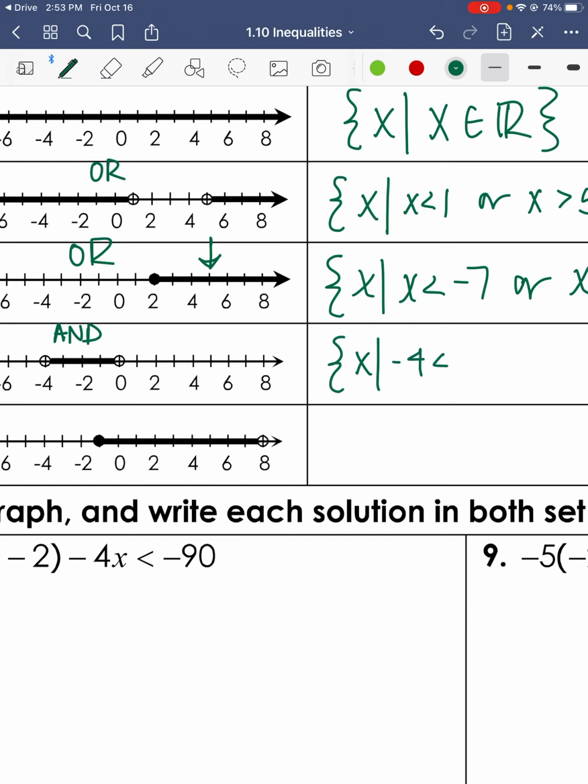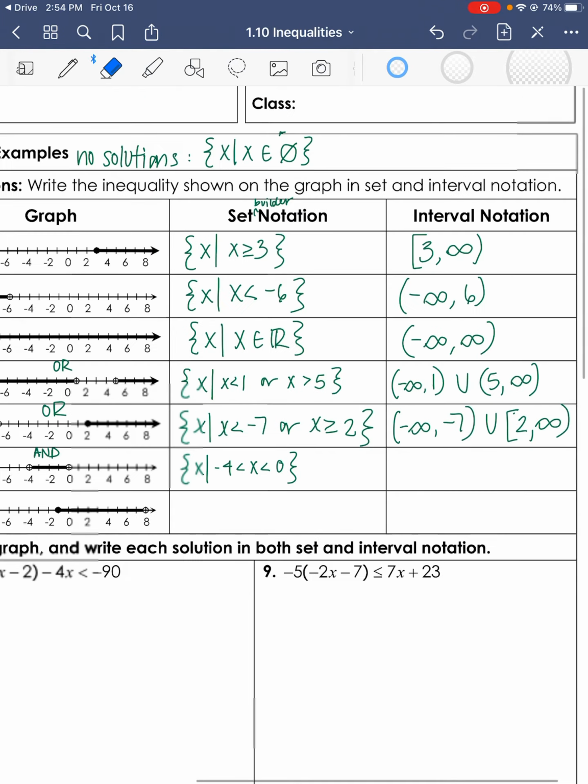We can say that -4 is less than x, which is less than 0. Since they're overlapping, x is between them, so we can write the lower one is less than x is less than the upper one. Okay, so let's look at this in interval notation.